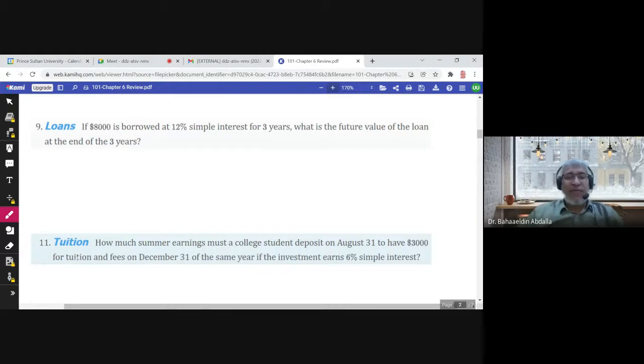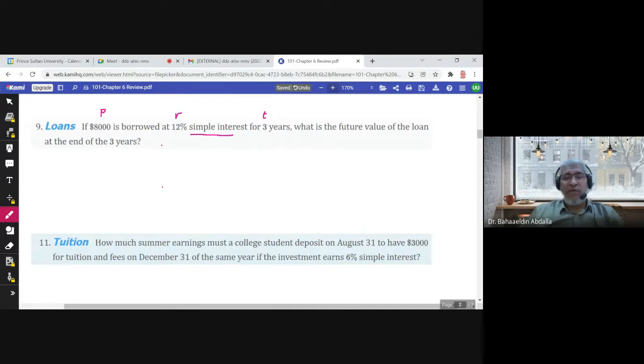If 8,000 is borrowed at 12% simple interest, so this is R, and 8,000 is borrowed, so this is the principal. For 3 years, this is the time. What is the future value of the loan at the end of 3 years?